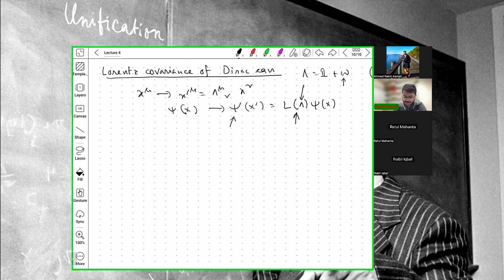So this will enter in L. L is a 4x4 matrix that mixes the components of psi. But at this stage, we don't know it. We will be requiring that the Dirac equation is Lorentz invariant, and see if from that requirement we can deduce the transformation property of the field.